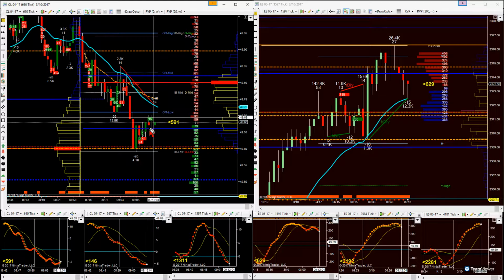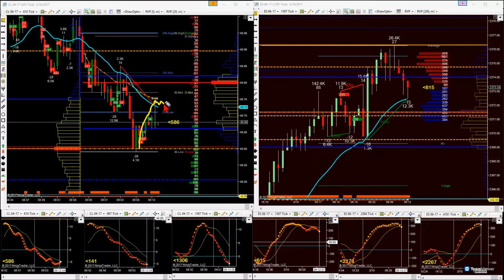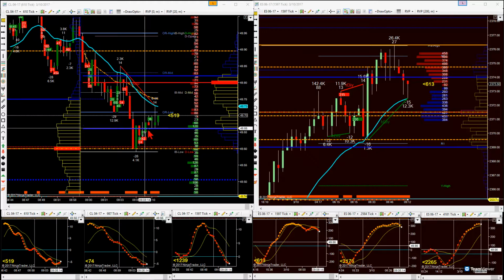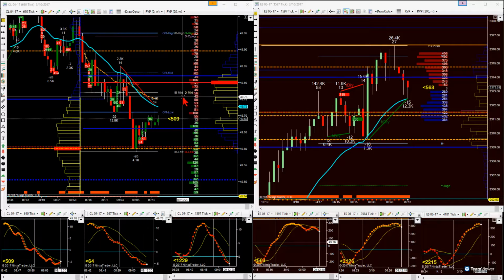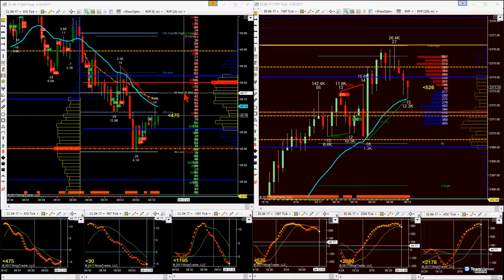We can turn down and not make it to low, and we want to have enough profit to be able to get out of our trade at that point. So we really do need to see this pull back a little bit further before we can start watching for a short.